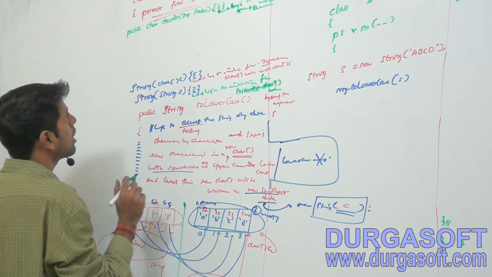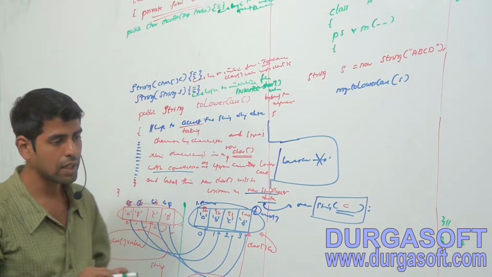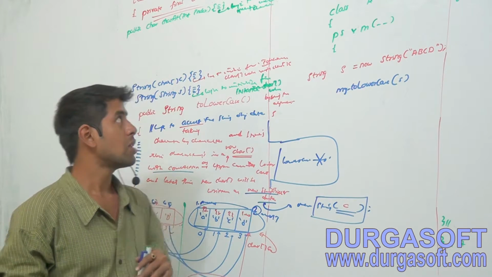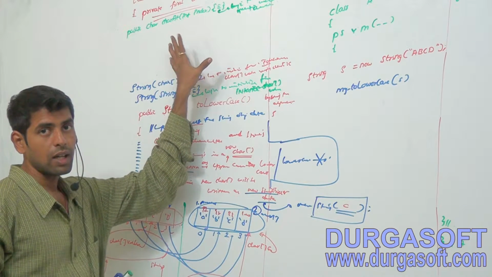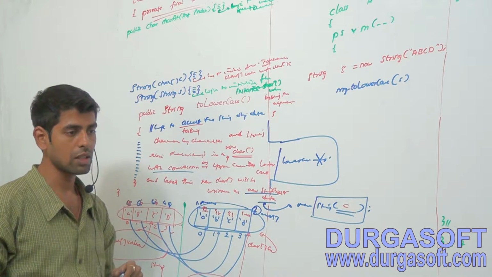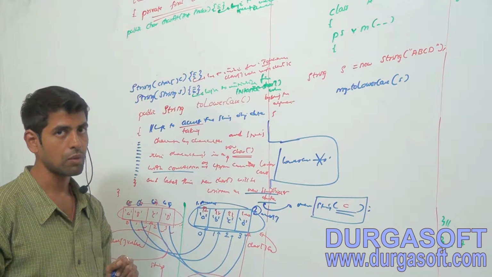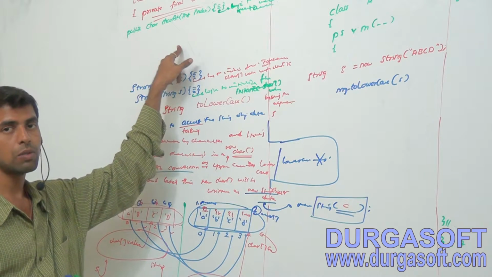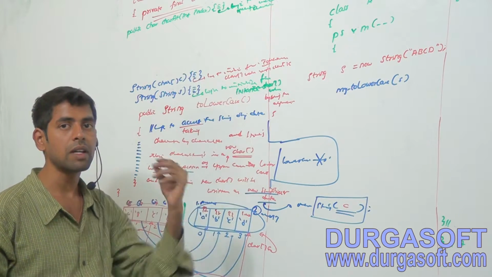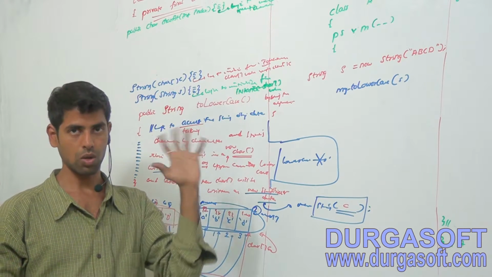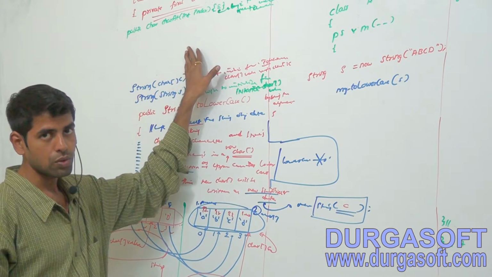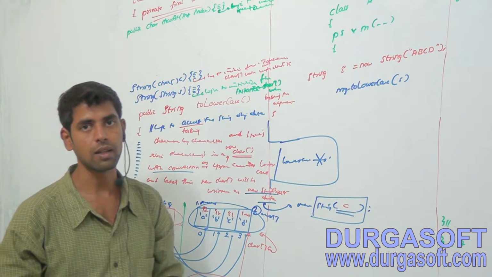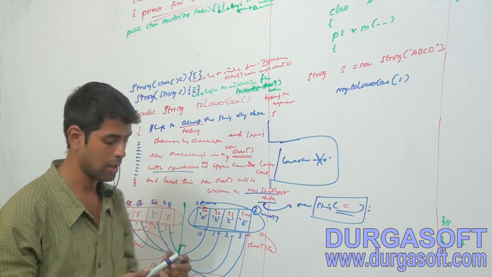Now I'm going to use one more predefined method. Of course, you might be asking, can you write your own logic for the charAt method? For a few methods we cannot write our own logic, and one among them is only the charAt method. I cannot develop the logic for charAt, but for the remaining methods I can. Now I'm also going to use one predefined method called length.